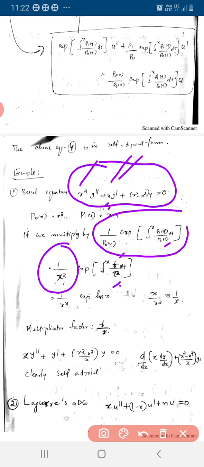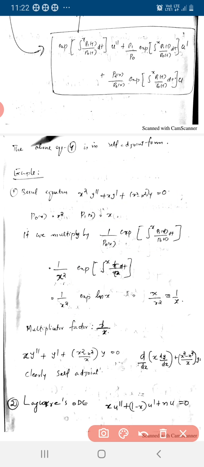We integrate and apply the limit x, and we get 1 by x square times x, because we will be getting dt by t, and we have this x by x square, so we will be getting 1 by x. So the factor that I have to multiply to the Bessel equation is 1 by x. If I multiply with 1 by x, I should be getting the Bessel equation in self-adjoint form.